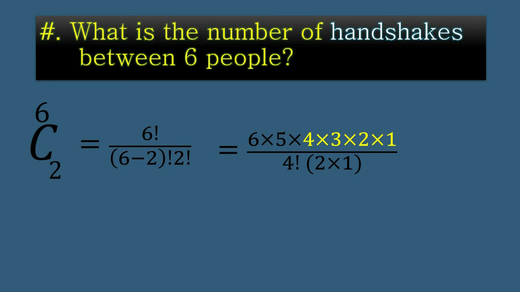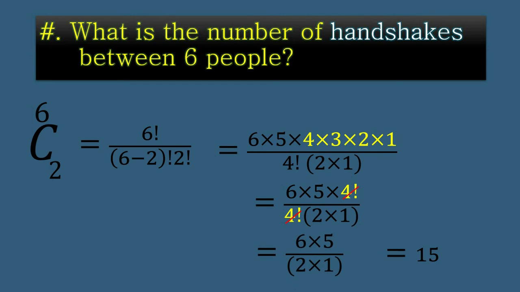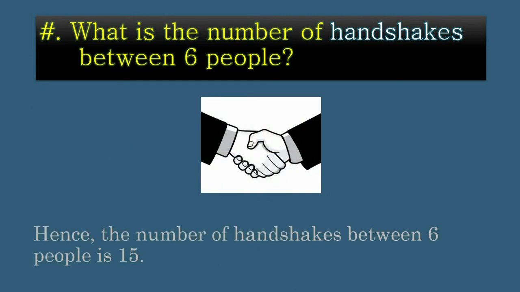In the numerator, 4 times 3 times 2 times 1, highlighted with yellow color, is a 4 factorial. We can cancel the 4 factorial from the numerator and the denominator. As a result, the number of combinations is 15. Hence, the number of handshakes between 6 people is 15.